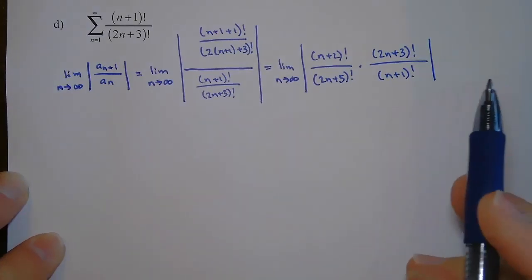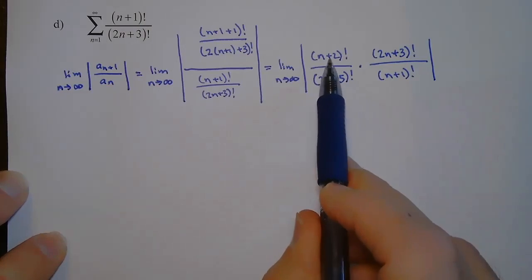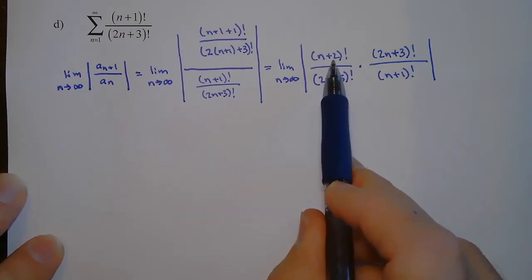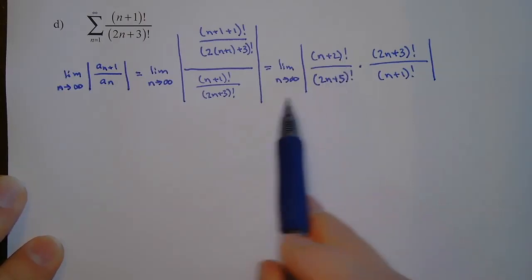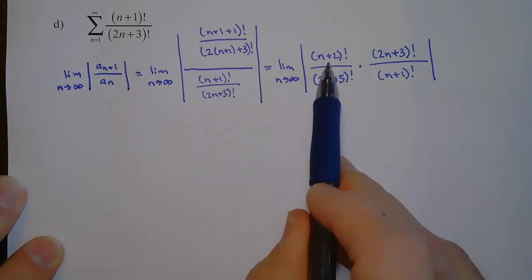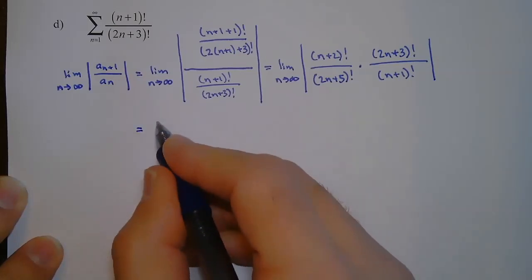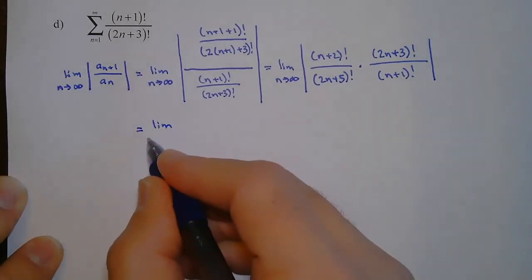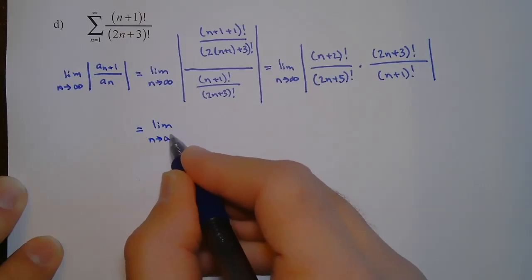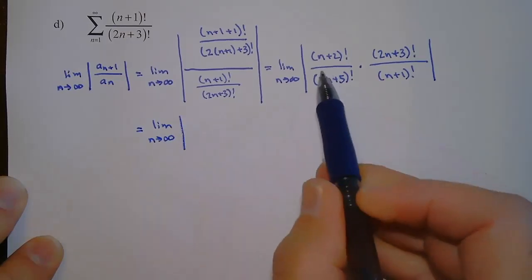So this one is n plus 2 times, and then take 1 away, so that'd be n plus 1, and then on down. What we're going to be left with is n plus 2 in the numerator. So this is going to equal the limit as n goes to infinity of the absolute value of n plus 2.